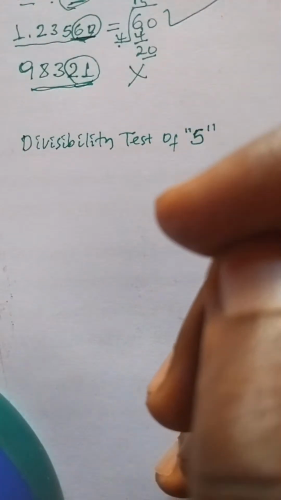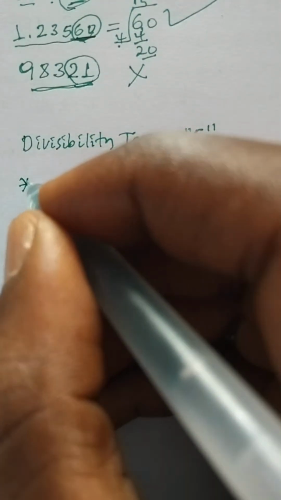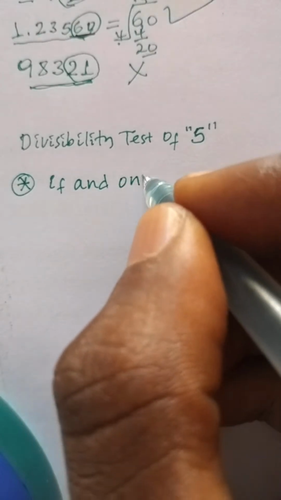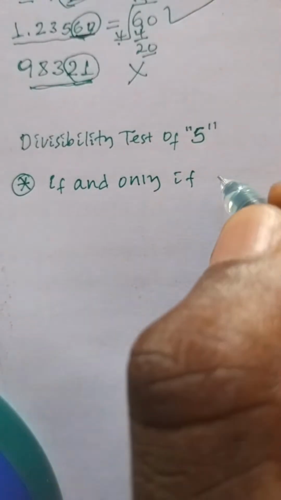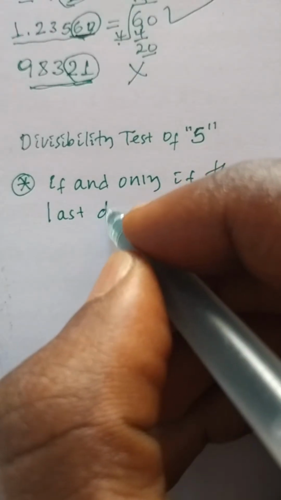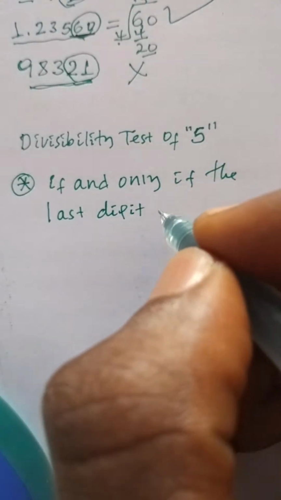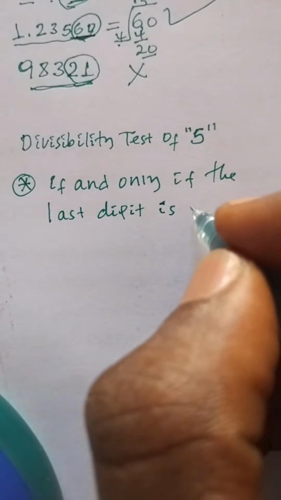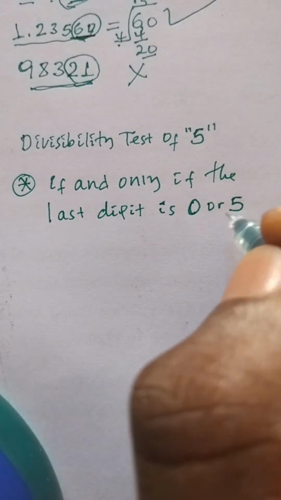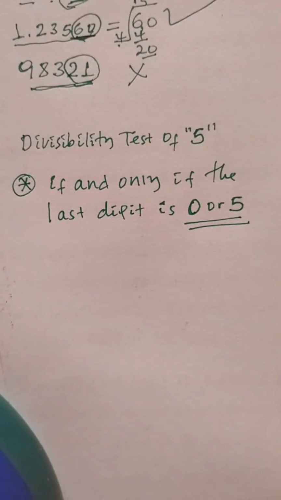If and only if the last digit is 0 or 5. That is it. I think this is very clear.